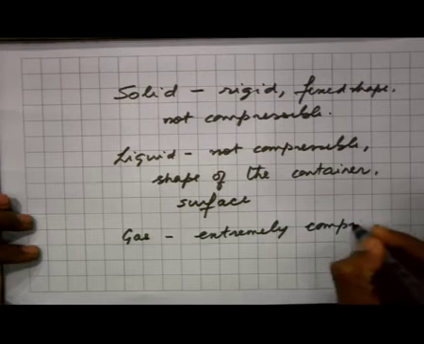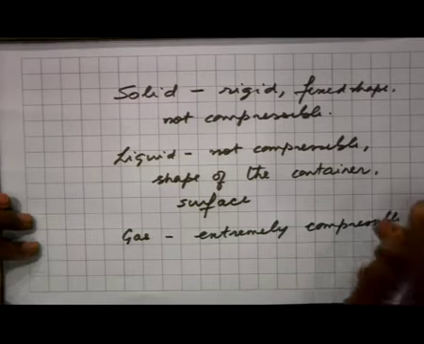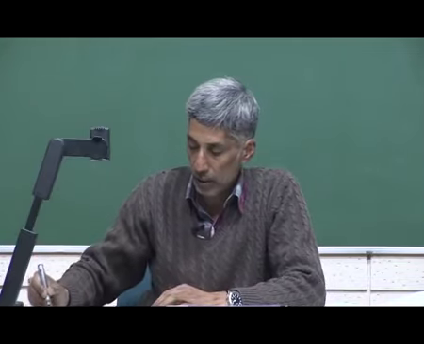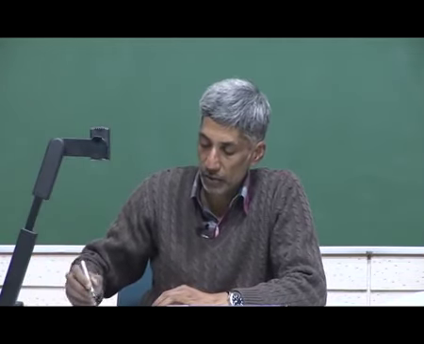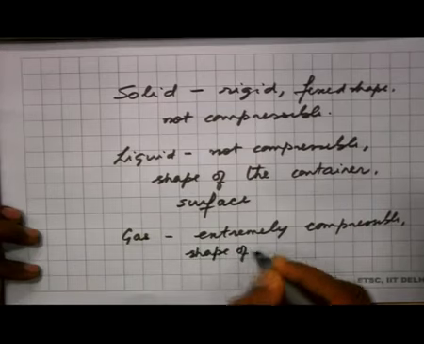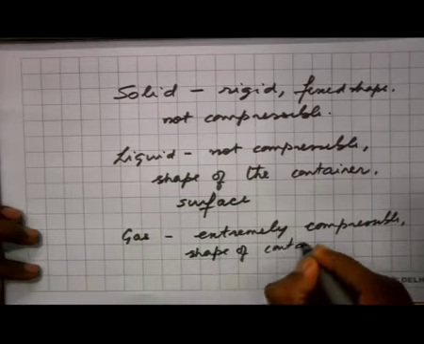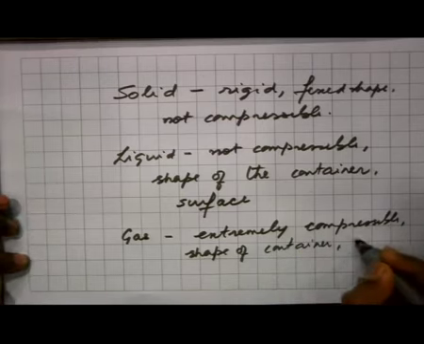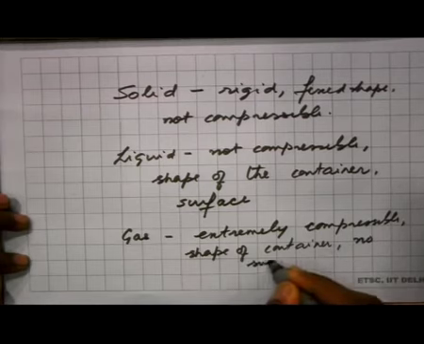That is, if I take a gas and I apply a pressure onto it, the volume will shrink very easily, and we see this in everyday lives, and it takes the shape of the container. So, you can confine a gas into a container of any shape, but unlike a liquid, it has no surface.